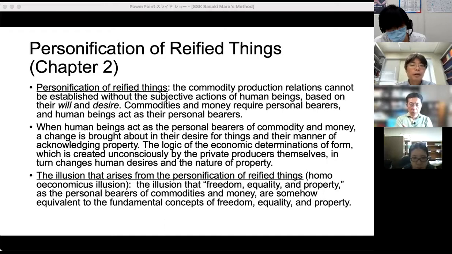Like the case of reification, an illusion arises from the personification of reified things. This is the illusion that freedom, equality, and property of the personal bearers of commodities and money are somehow equivalent to the fundamental concepts of freedom, equality, property. Tainosuke Otani calls this illusion the Homo economicus illusion. So I also call it the Homo economicus illusion, according to Otani.